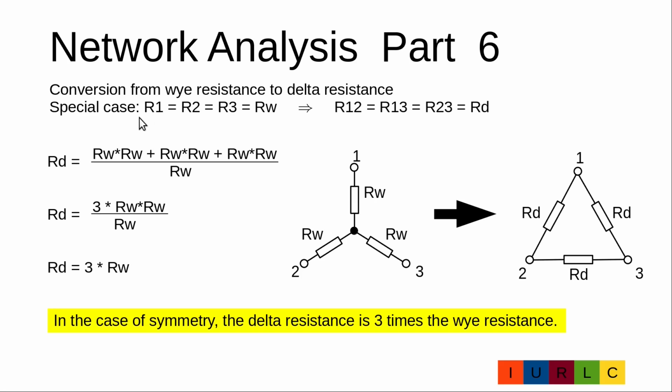In the special case that the three Wye resistances are equal, the three delta resistances must be also equal. With this simplification we will get the delta resistance is 3 times the Wye resistance, or in case of symmetry the delta resistance is 3 times the Wye resistance.